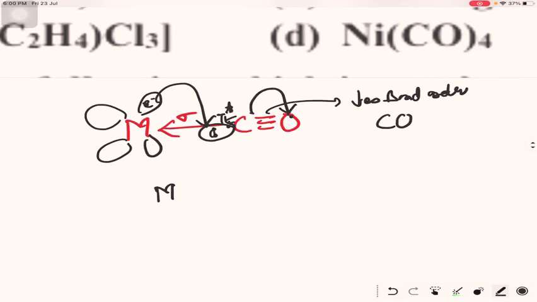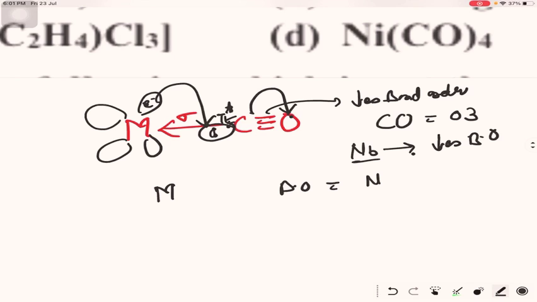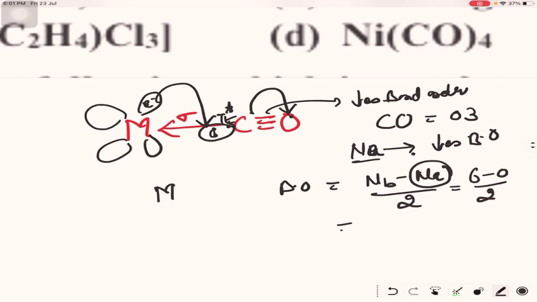Initially the bond order of CO was 3. If you are increasing electrons in the antibonding orbital, that will tend to decrease the bond order, as bond order is equal to bonding minus antibonding electrons, divided by 2. Previously it was 6 minus 0 by 2, so it was 3.